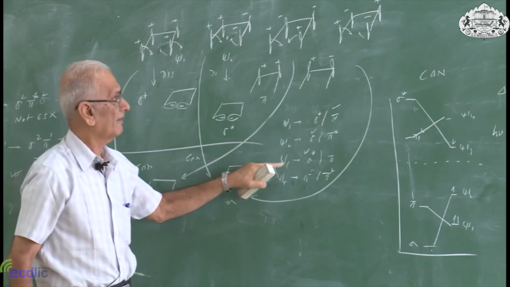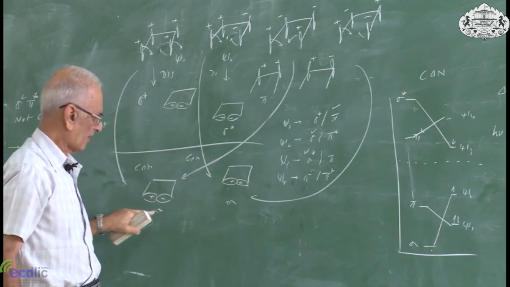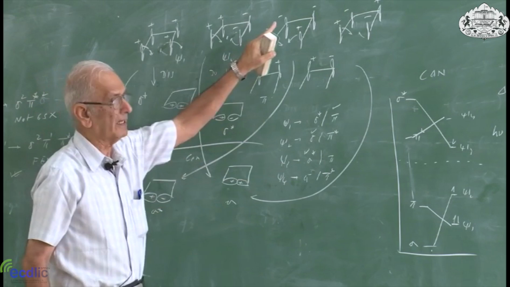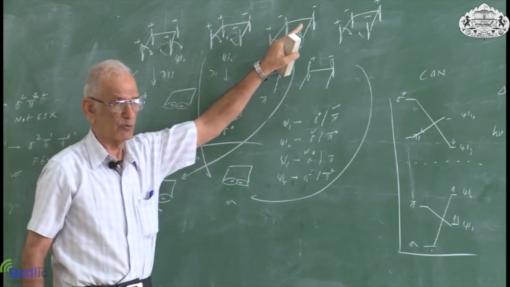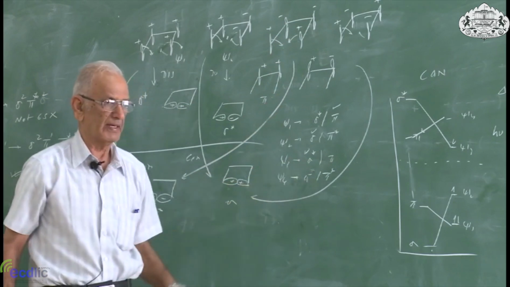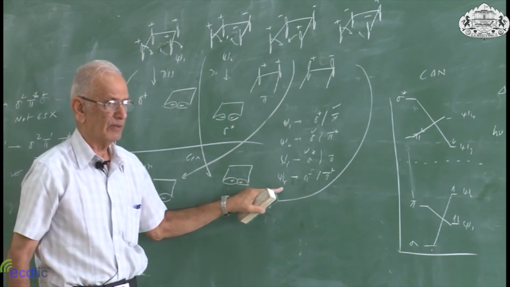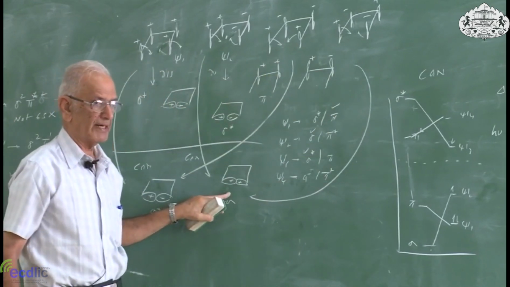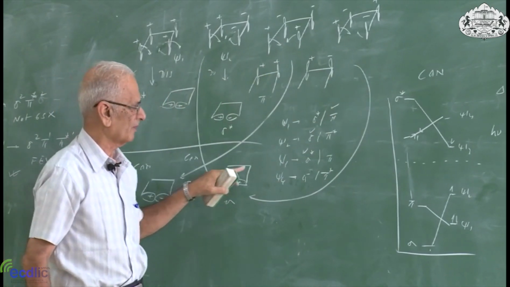Psi 3 in similar fashion, conrotatory process will correlate with sigma star. When I look at middle orbitals, same sign, so correlates with pi, but pi is occupied, therefore, I correlate with sigma star. Psi 4 conrotatory process will correlate with sigma, but sigma is already occupied.